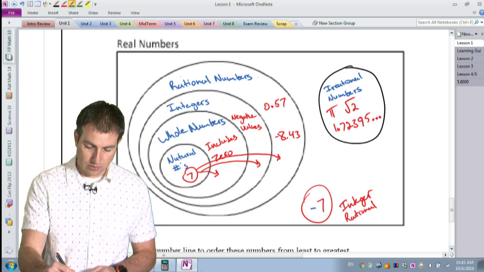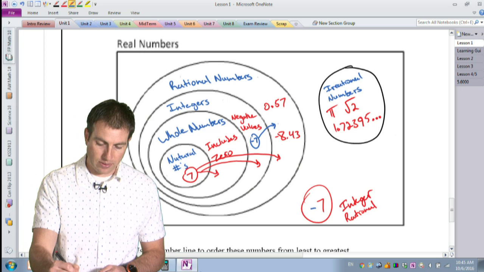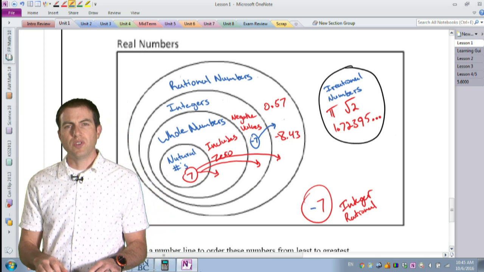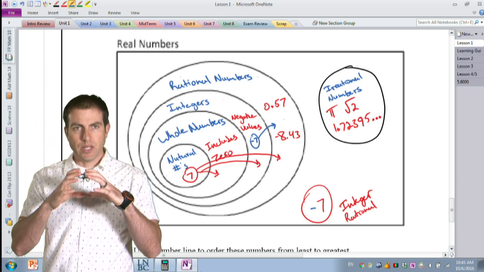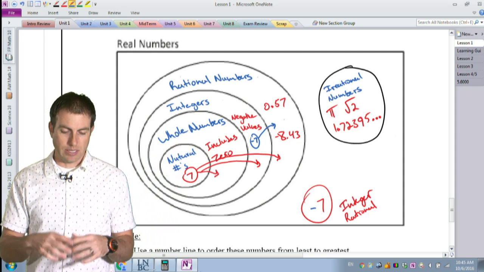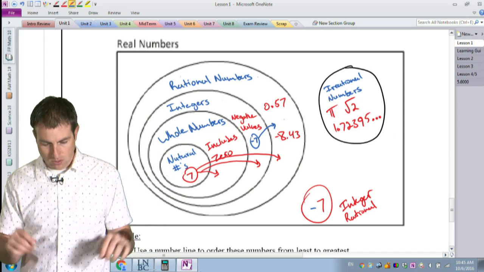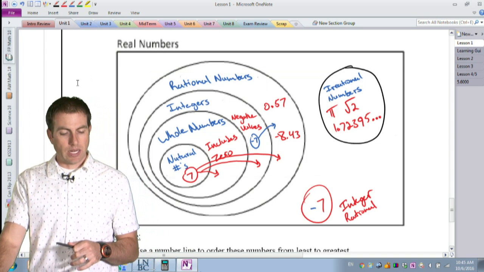So I could put it right here, in this category and the next ring out. Hopefully you get where I'm going with this. The numbers are included in every ring that's inside. We'll look at these more. All right, I wanted to get that out of the way.